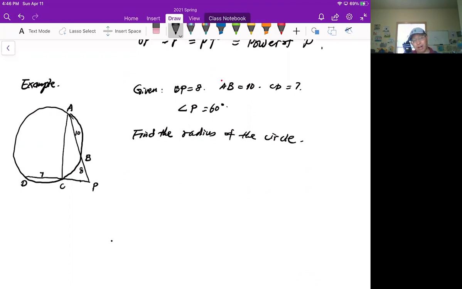But you can use the power of the point. Power of the point is just one step. After that, you still have to work a few other steps. But the first step is the power of the point. So let's think of that for a minute.